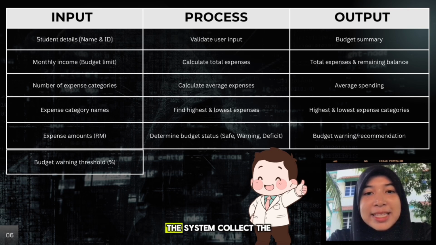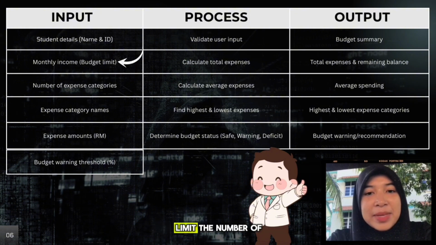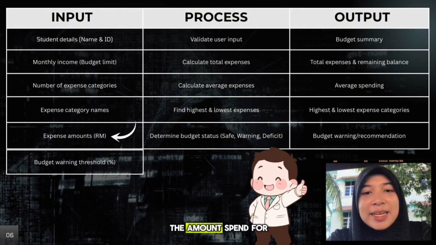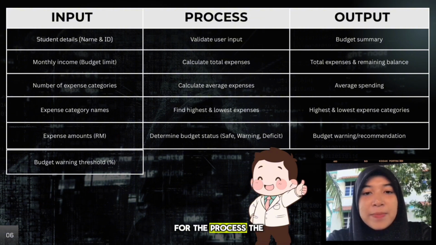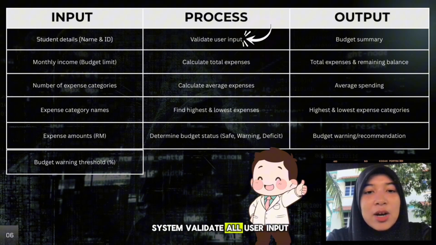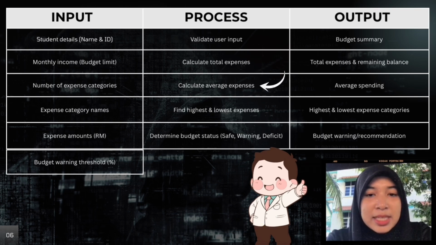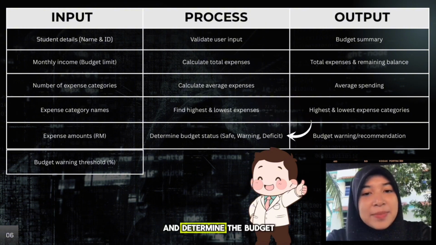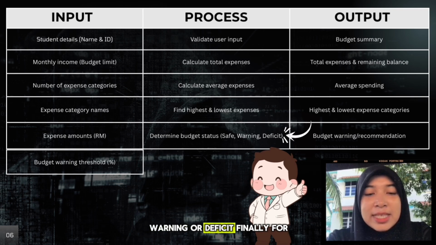For the input, the system collects the student name and ID, monthly income as a budget limit, the number of expense categories, the category's name, the amount spent for each category in Malaysian ringgit, and the budget warning threshold percentage. For the process, the system validates all user input, calculates the total and average expenses, identifies the highest and lowest expense categories, and determines the budget status as safe, warning, or deficit.